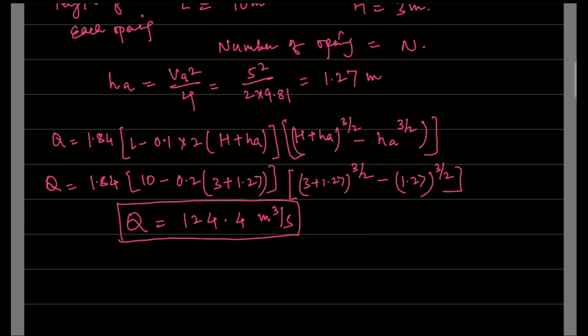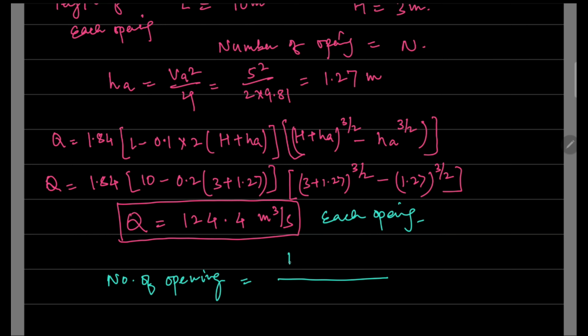Now in order to get the number of openings, the total discharge is already given to us, that is 5000, and this discharge is coming from each opening. So in order to get the number of openings, that is n, we have to divide the total discharge by the discharge obtained from each opening.